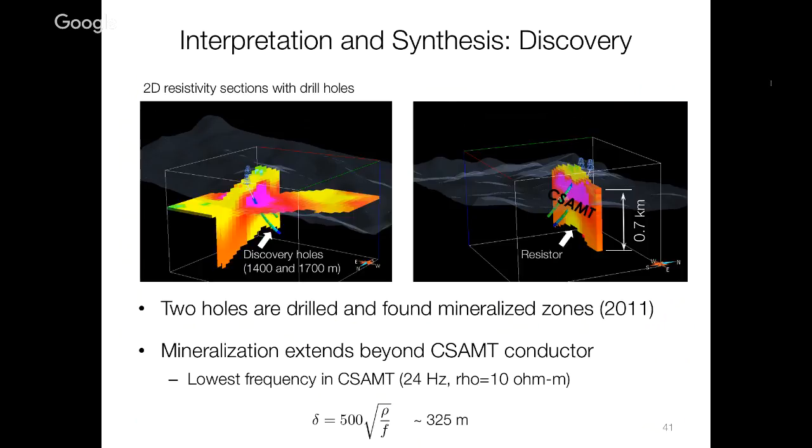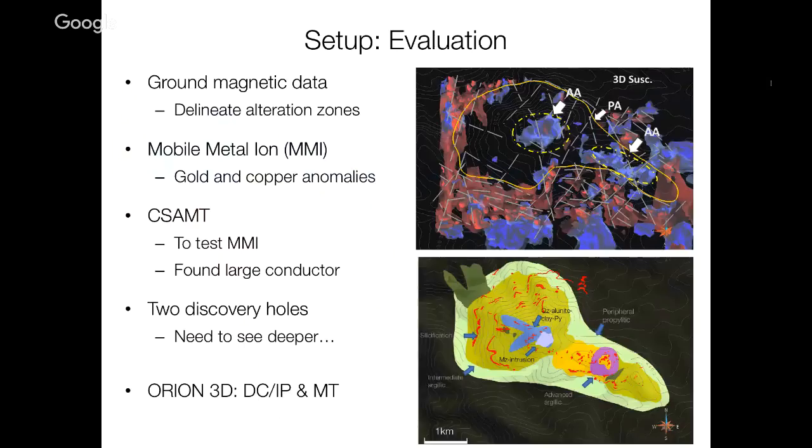Those data were inverted, and they give an electrical resistivity up here, but the skin depth was only 300 meters. So that means that the CSAMT is okay, but it's just seeing the top few hundred meters. So we wanted to do something beyond that, something with a greater depth of penetration.